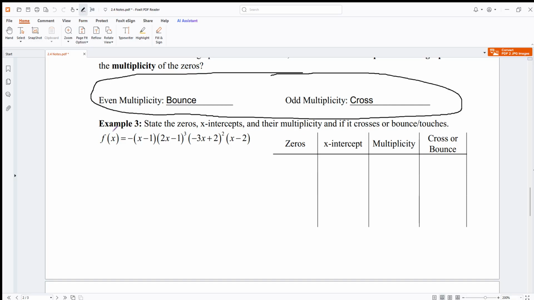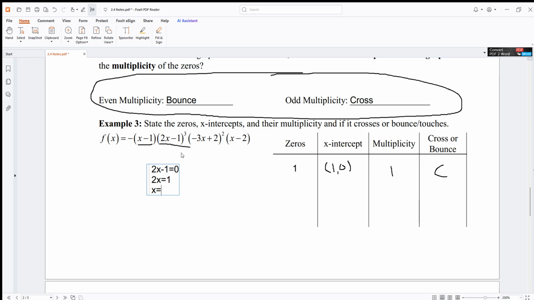So, another example, finding all the same information. We can go through this one very quick. For this first factor, you're going to have a 0 of 1, which means that the x-intercept will be 1, 0. And we see one of those parentheses, so it'll cross. I don't need to look at the graph. I know there's one of those. This next one's a little more interesting. That's 2x minus 1 equals 0, which means if you add the 1, we get 2x equals 1.